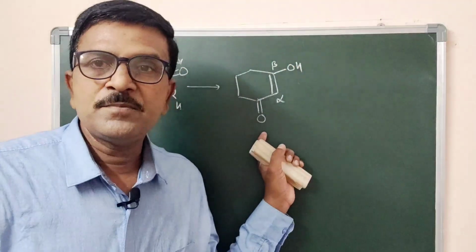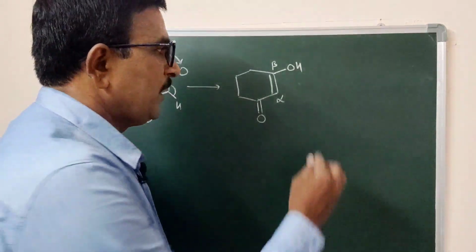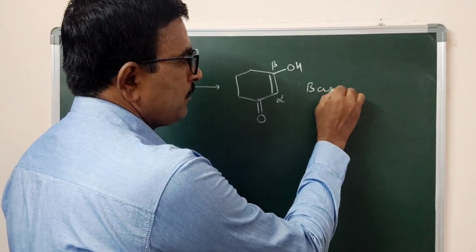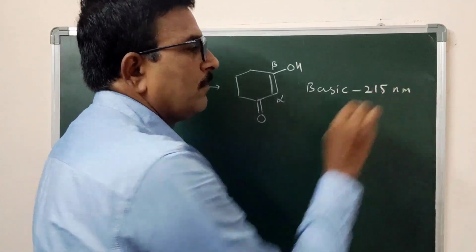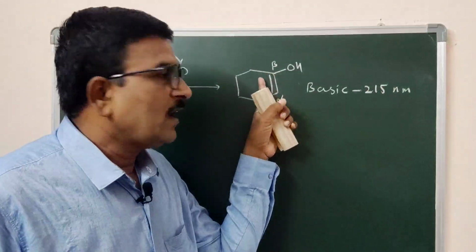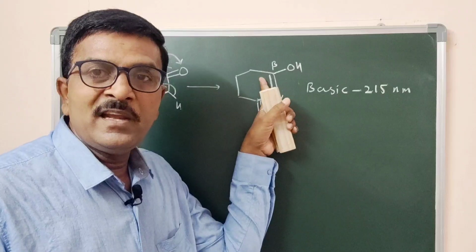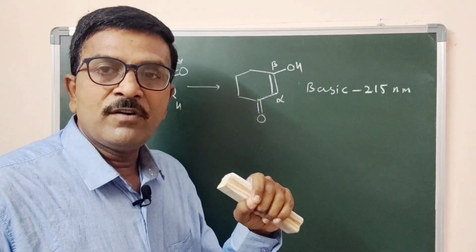Now again 6-membered cyclic ketone, therefore the basic value is 215 nanometer. Now a OH group is at beta carbon or beta position, its effect is 30 nanometer. If it is on alpha, it is 35.